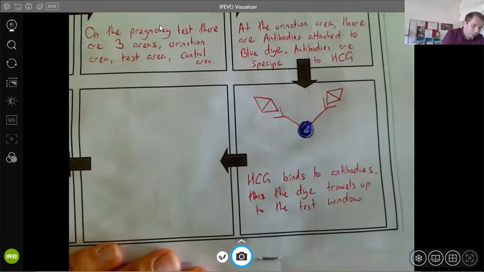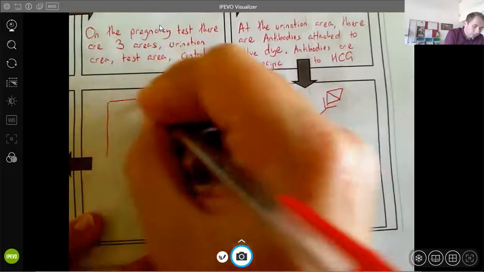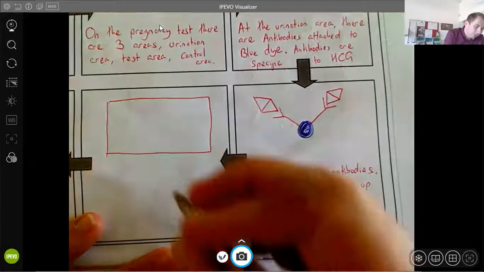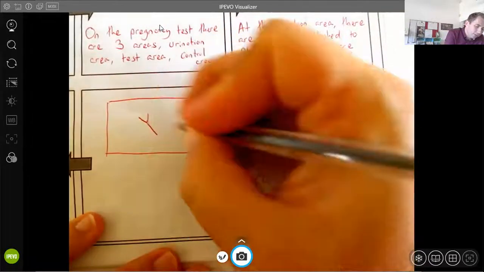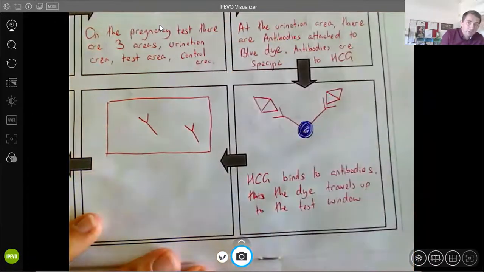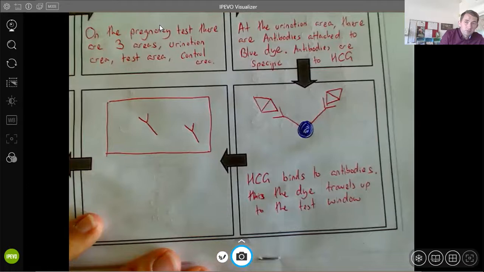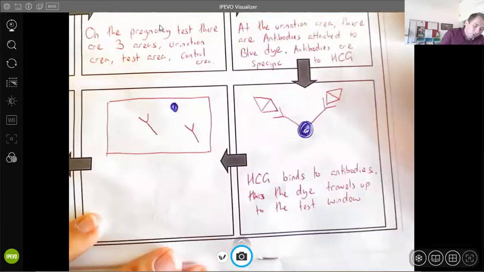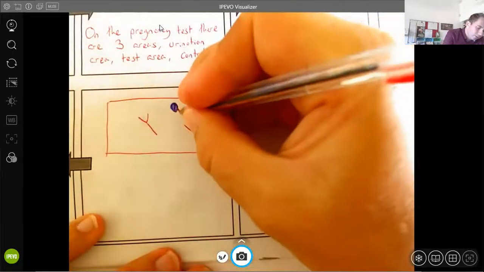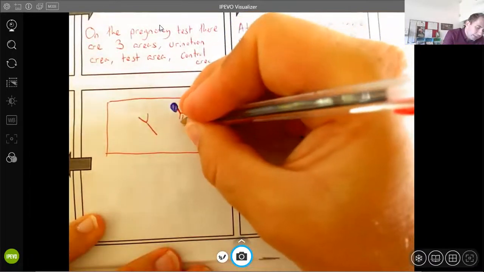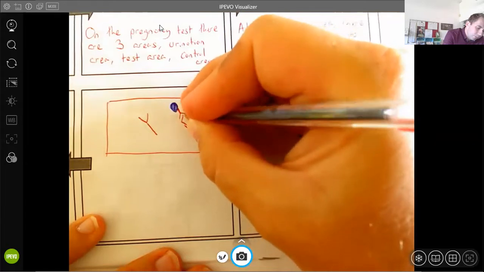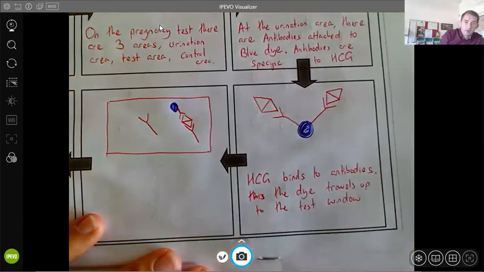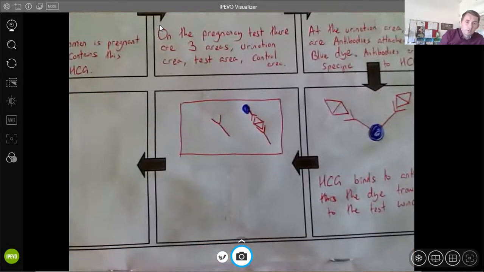Now, in the test window, unlike in the urination area, you have got antibodies that are fixed. They cannot move. But the clever thing happens here. You've got your dye with your antibody on it. And the HCG will bind like that onto the fixed antibodies.